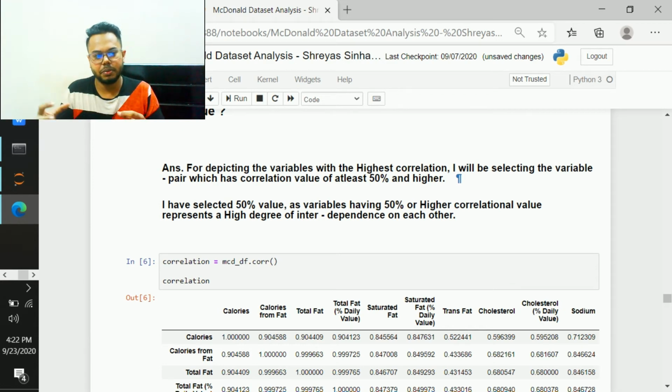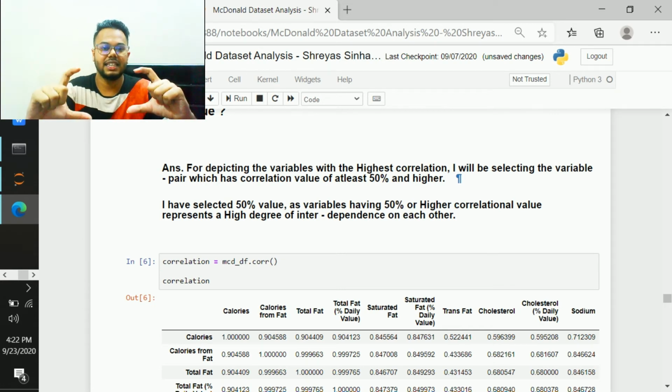Some people say a correlation above 30% is high, above 50% is high, above 70% is high. As per the need for this particular data set, what I have figured is that anything which has 50% or more correlation, I would be highlighting.